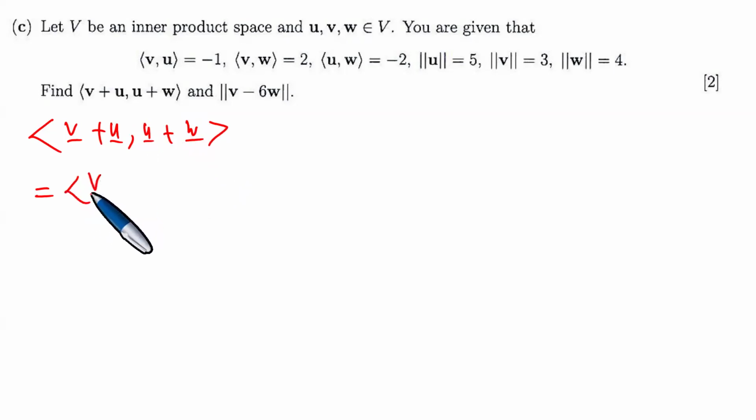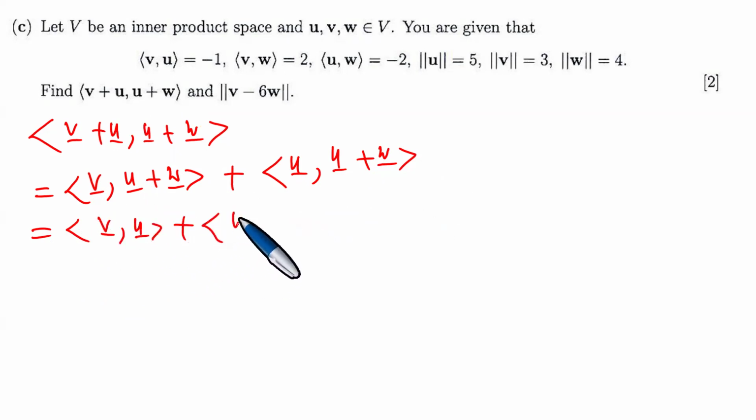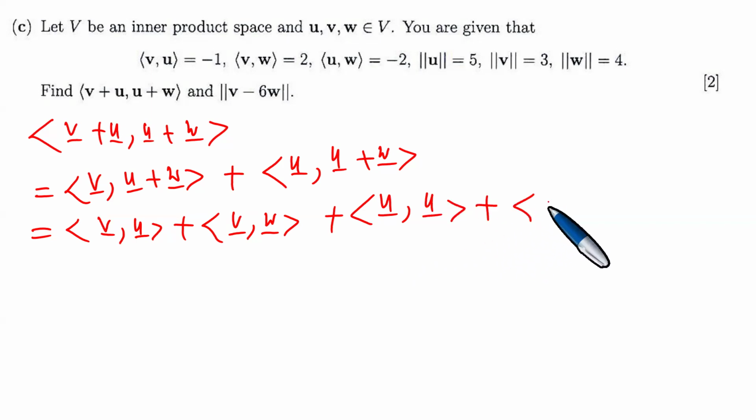So you then have V, and this one you keep as one vector, plus U, and you keep this one still as one vector. And then you expand: VU, VW. Now this is one vector, so just expand into that: UU, and then UW.